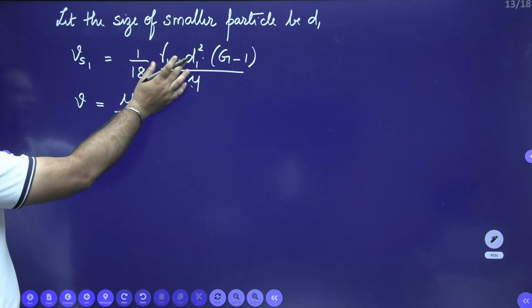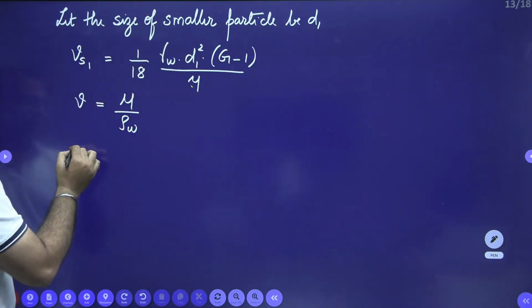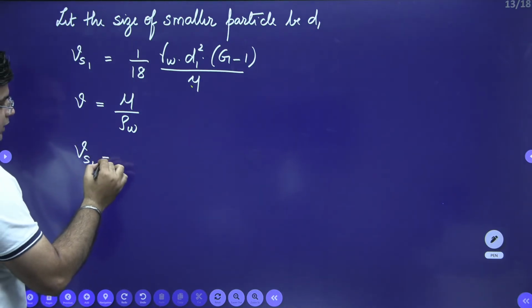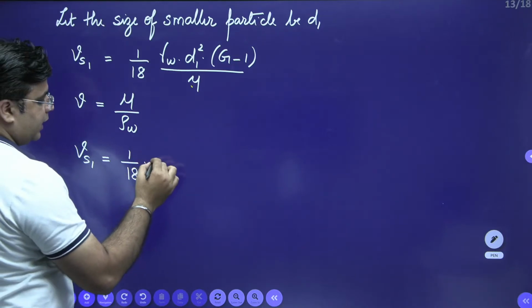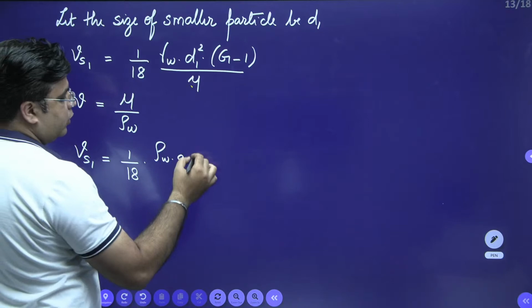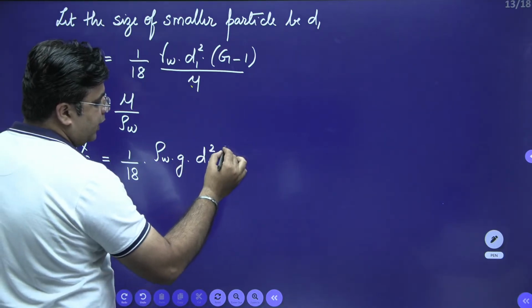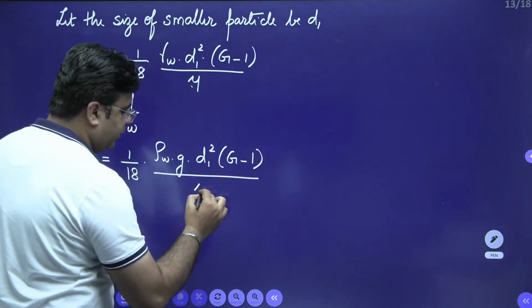Now you can use this expression and convert it in terms of nu. So how to do this? Vs1 is equal to 1 upon 18. This gamma w can be written as rho w into g, into d1 square into G minus 1, divided by mu.